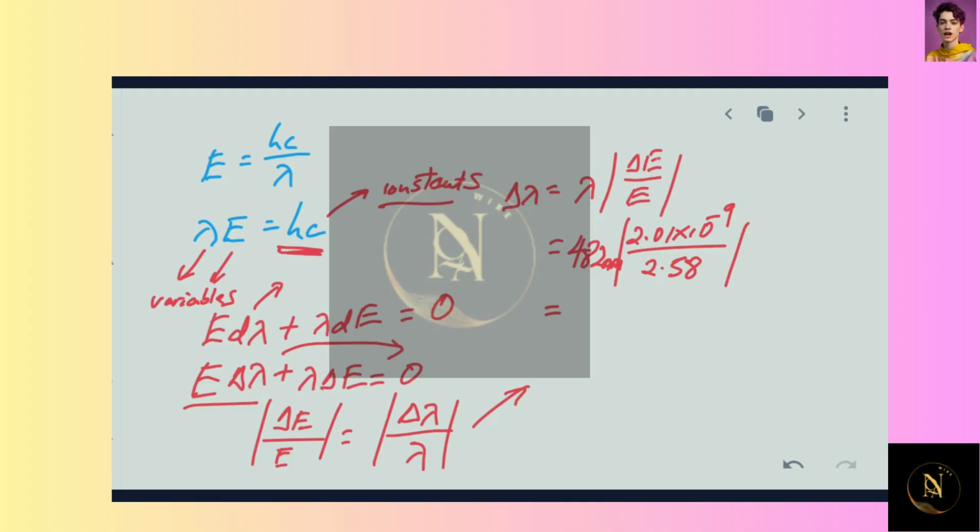We should get something like 3.75 times 10 to the power minus 7 nanometers.